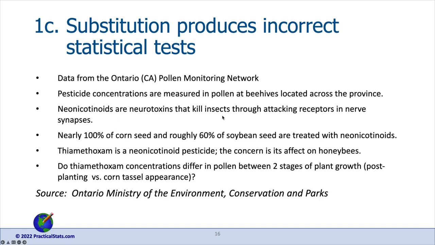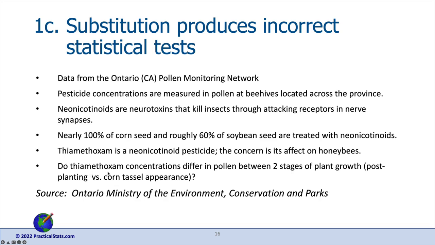And we're going to look at thiamethoxam, one of the neonicotinoids, and nearly 100% of corn seed and a large percentage of soybean seed are treated with those before planting. And so we want to know how much do those pesticides affect the plants as they emerge and bees as they alight onto the plants. The concern is for the honeybees, of course.